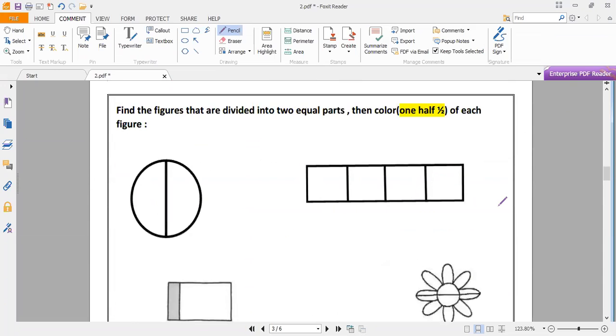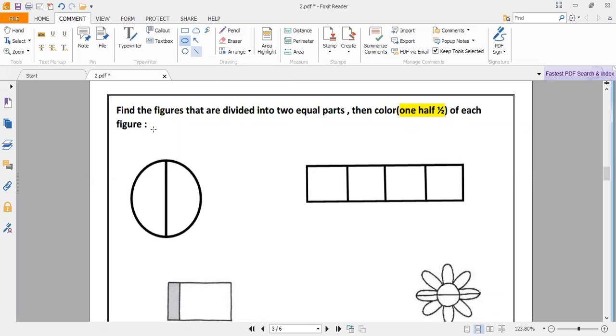Okay, yalla Layan. Yes, Miss Ralim. Yes honey, read the questions and read it carefully. The figures that are divided into equal parts and color one half of each figure.